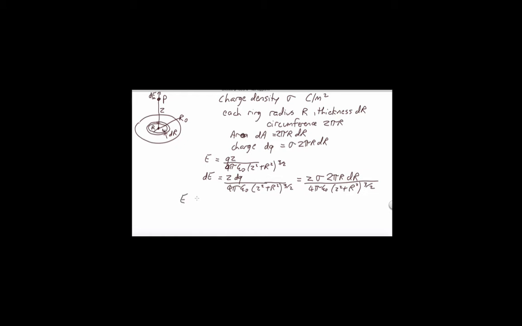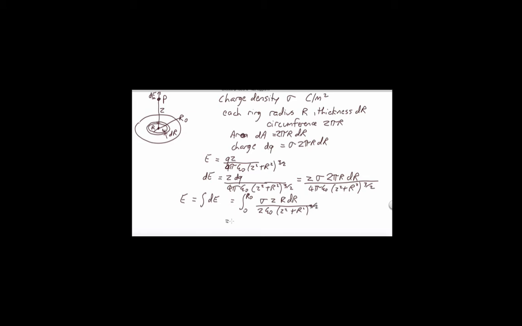So the total field due to the whole disk is going to be the integral of all those dE's, which is going to be the integral from 0 to R0 of sigma times z times r dr over 2 epsilon naught, because the 2 pi up the top cancelled with a 2 pi down the bottom, z squared plus r squared to the 3 over 2.